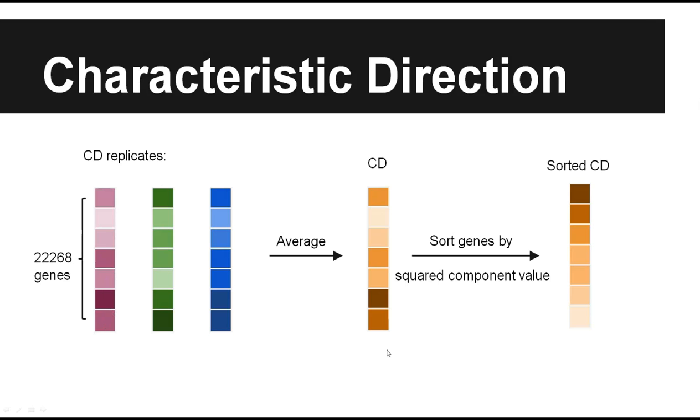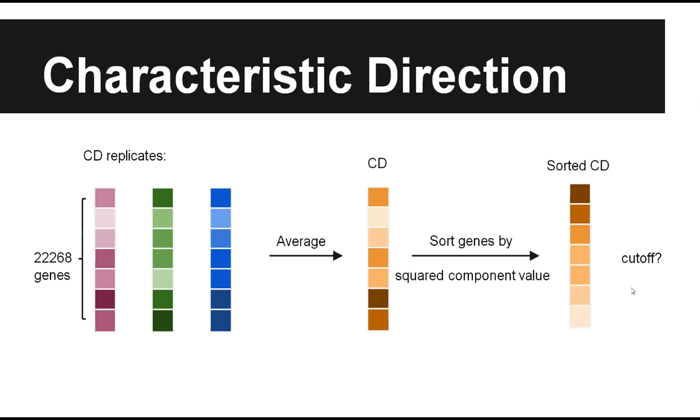Still, we average them and then sort the genes by the squared component value. So the genes that have the largest component value are placed at the top, and genes with the smallest component value are placed at the bottom. In this way, we already sorted the genes by how much they are differentially expressed.